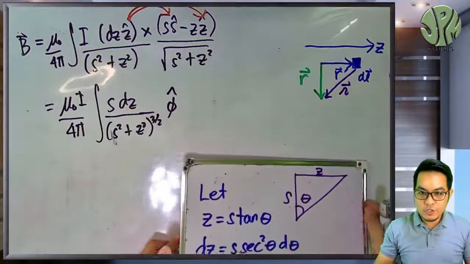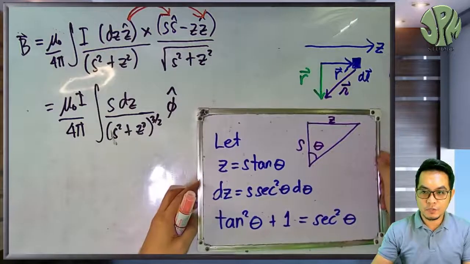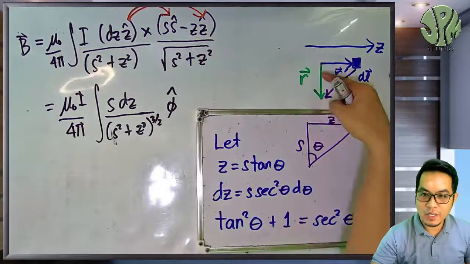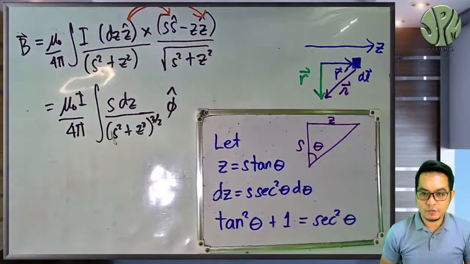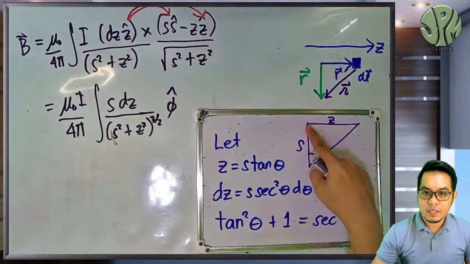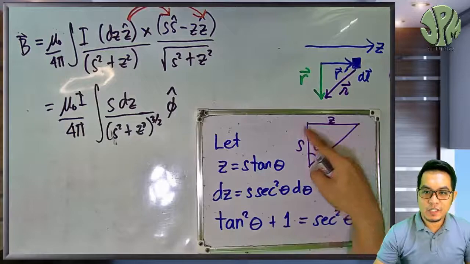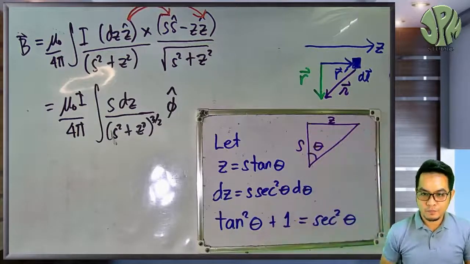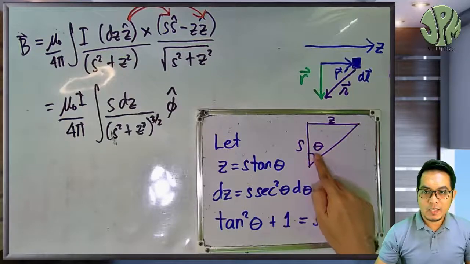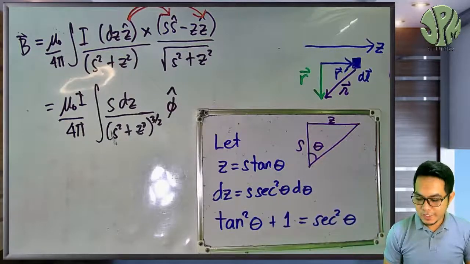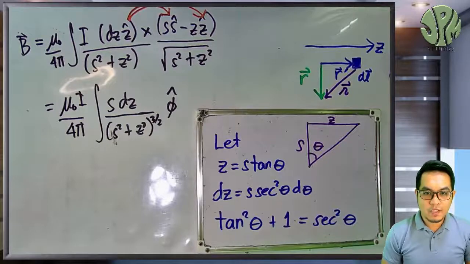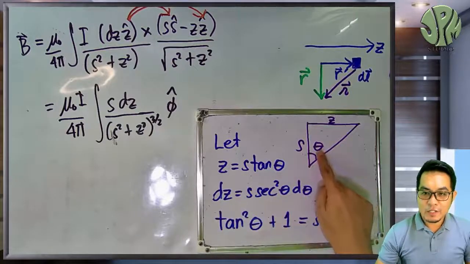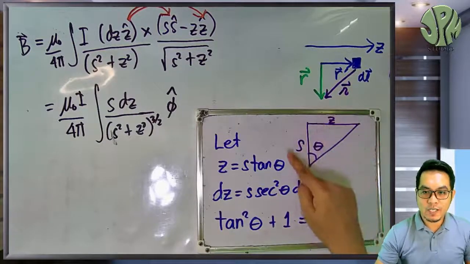So we use trigonometric substitution. We actually have a right triangle here. This side of the triangle is z, this side is s, this is our r, and we can let this angle be theta. Using trigonometric substitution, the tangent of theta is opposite over adjacent, so z over s.